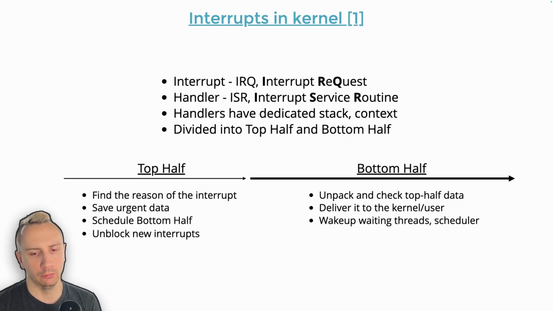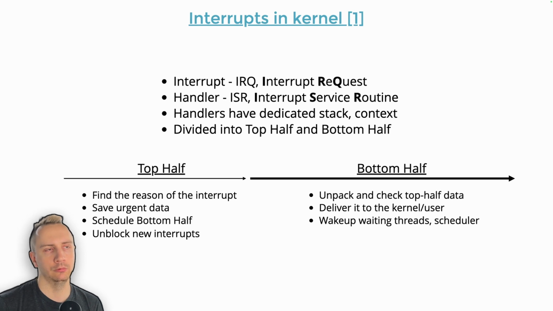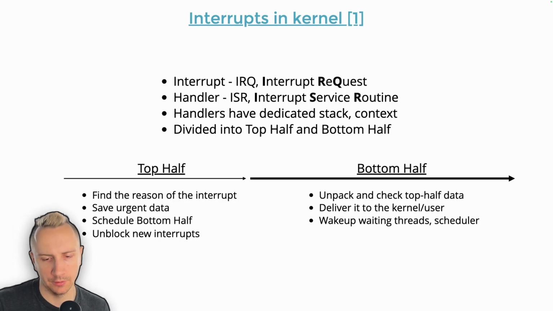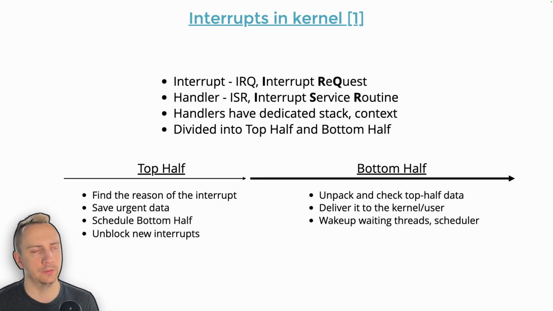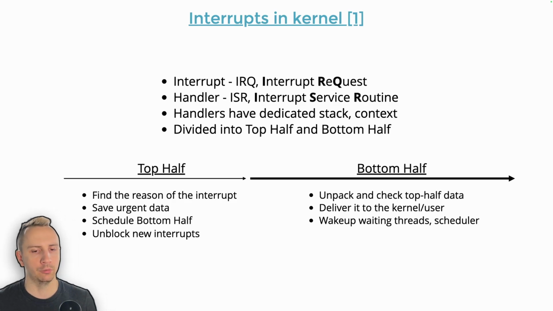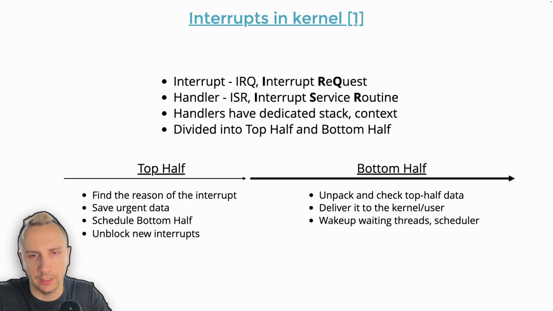It would be way too long because other devices will be unable to deliver interrupts, to deliver their events to the kernel while we are just handling an event from the keyboard, right? This doesn't make much sense. This will not scale in a high load. Yes, a keyboard is not super frequent compared to the frequency of the processor, because we are pressing it literally with our hands.